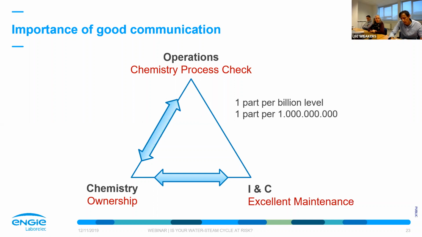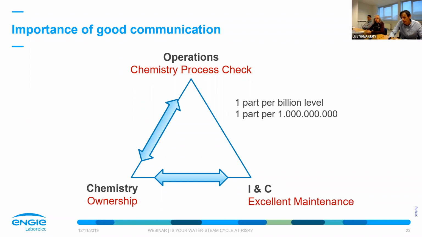But in fact, when you dive deeper into the incident, you will see that communication is in most cases the root cause and not the technical aspect. That's the reason why I also want to make a call here to well define the ownership of the online analyzers, and to have very frequent communication and reporting between operations and chemistry.